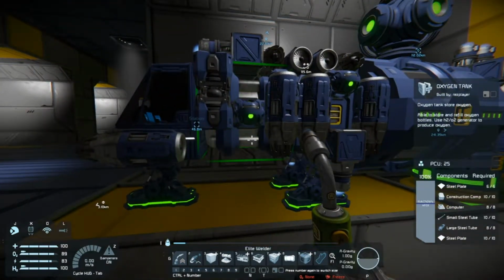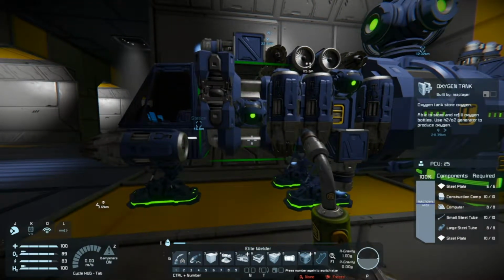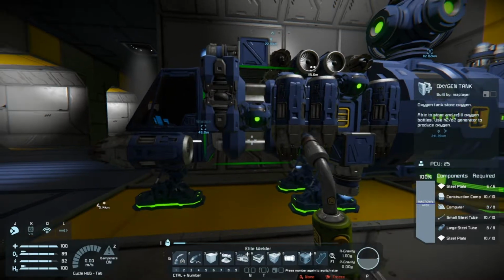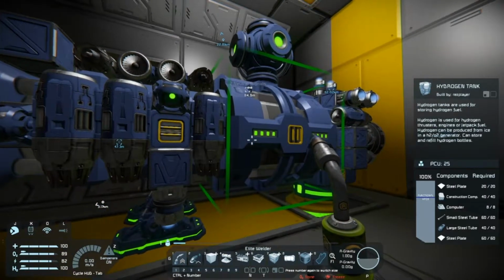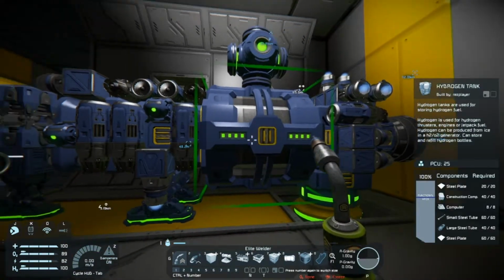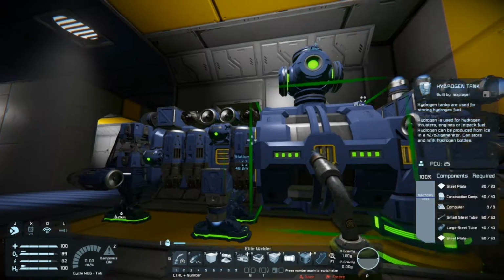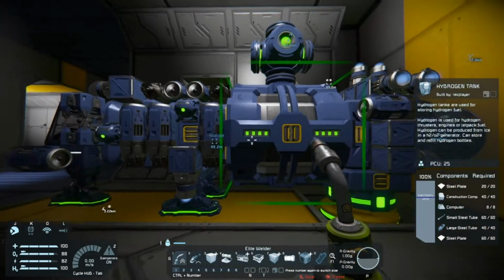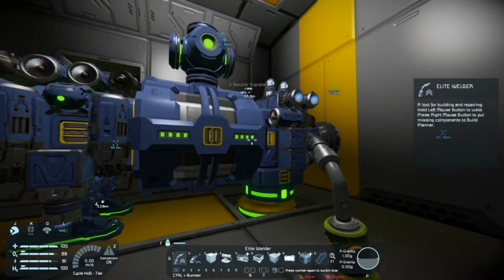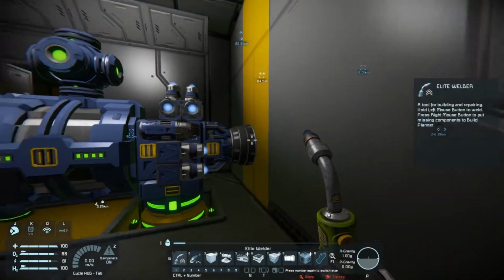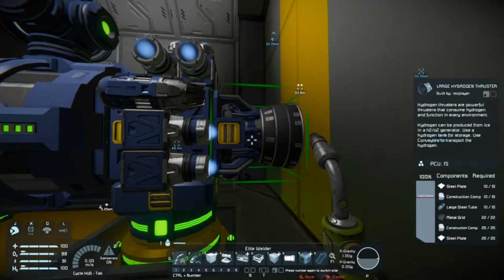But with a hydrogen-oxygen generator instead of your oxygen tank, you can use ice to generate fuel, and it will start refilling the tank. However, the generator on a ship does not match the consumption that your thruster does.